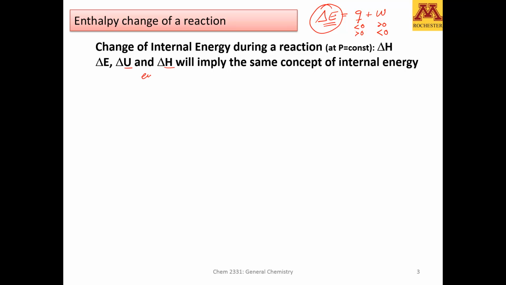This H is referred to as the enthalpy, and for all practical purposes, it is a measure of internal energy, or in this case, delta H is a measure of change in internal energy, and we will use it mostly to study change of internal energy in reactions.